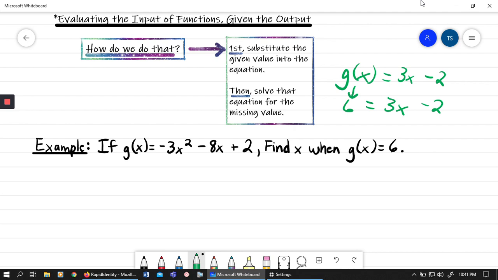And I'm writing it sloppy because I'm going to erase it anyway. Look how easy that would be to solve. You would add 2, that would be 8, and then you would have to divide by 3, and so x would be 8/3, right? Look how easy that would be.